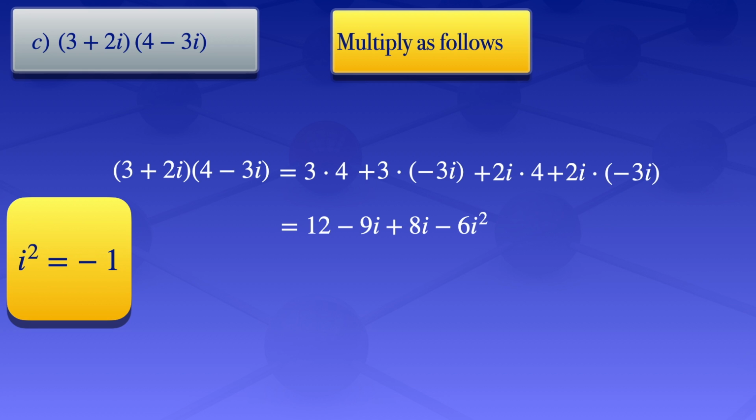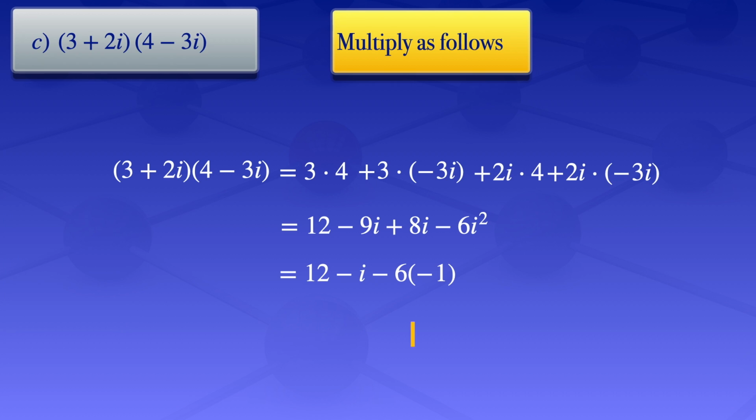So our expression becomes 12 minus i minus 6 times minus 1. And then we can simplify that. The minus 6 times minus 1 gives us plus 6. So we have 12 minus i plus 6, which gives us 18 minus i. So that's the solution of the multiplication of those two complex numbers, 18 minus i.